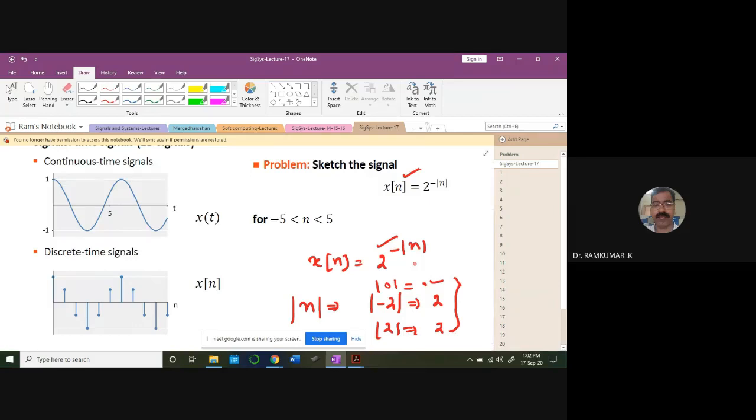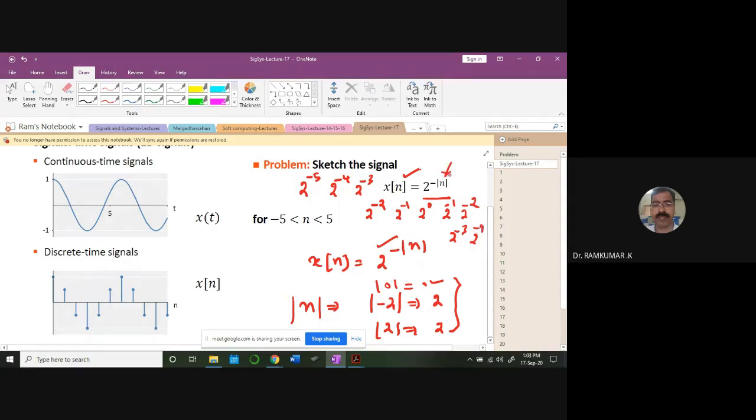Can somebody tell me? What kind of waveform are we ending up with? Nature of the waveform for this one? N equal to minus pi, what do you get? You understand?